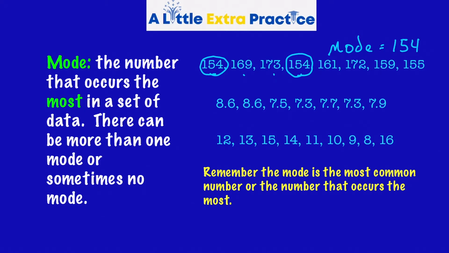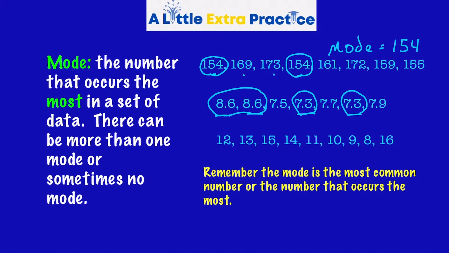Second set of data: 8 and 6/10, 8 and 6/10, 7 and 5/10, 7 and 3/10, 7 and 7/10, 7 and 3/10, so that's a repeater, and 7 and 9/10. In this case, 8 and 6/10 and 7 and 3/10 both occur twice.